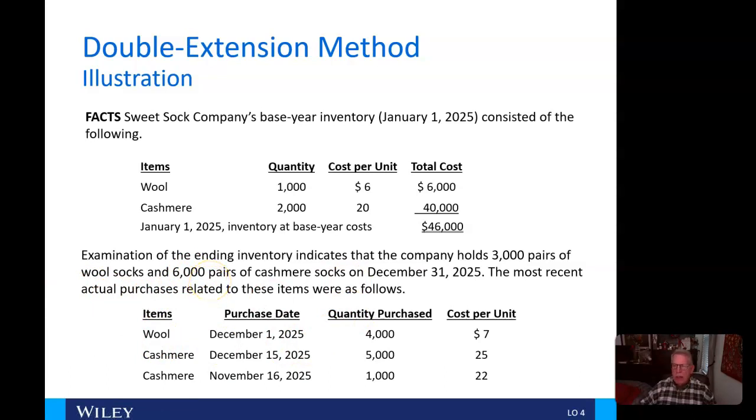The most recent actual purchases are related to those items. So here we purchased 4,000 of these wool socks at $7. And then cashmere, we had 2 purchases there for 5,000 and 1,000 at $25 and $22.